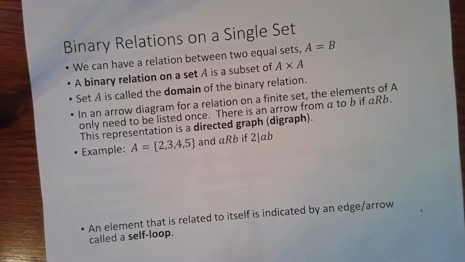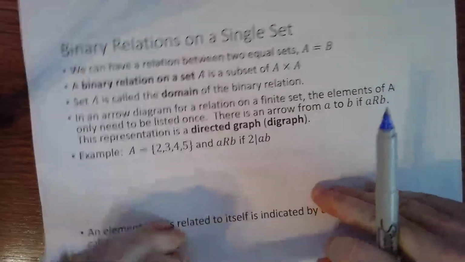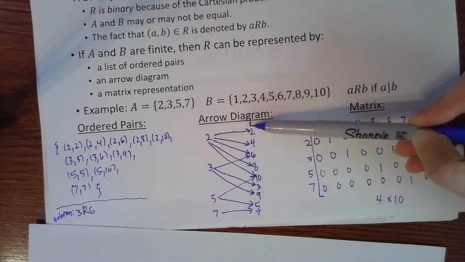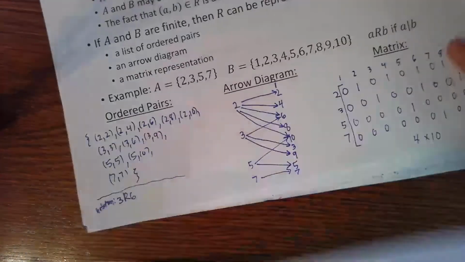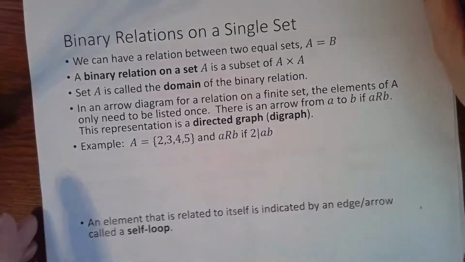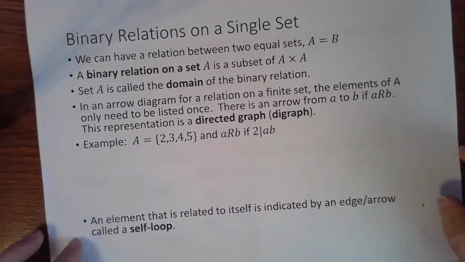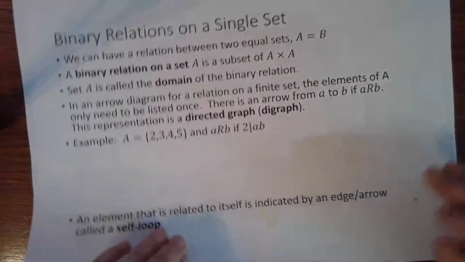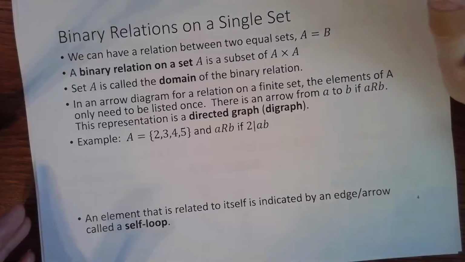That's called the domain. Now this is a special case, and for the arrow diagram, we could go and draw an arrow diagram like this, where we have the set A listed here, and then we have the set A listed again. But that kind of complicates things because they're exactly the same elements. So rather than listing them twice, we just list them once, and then we just draw an arrow to the elements that are already listed there, if that makes sense.